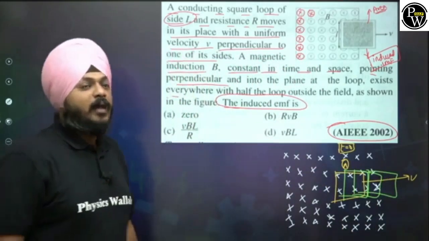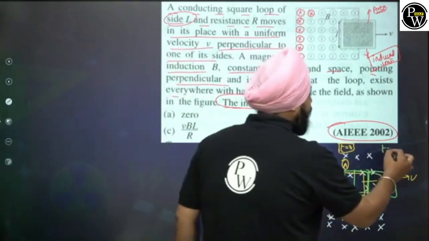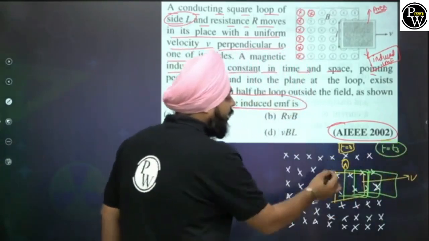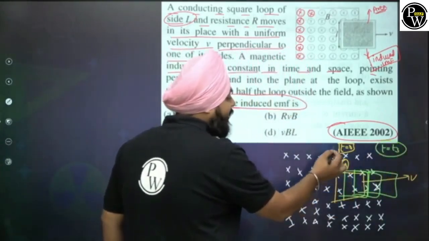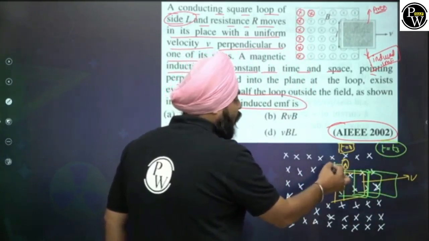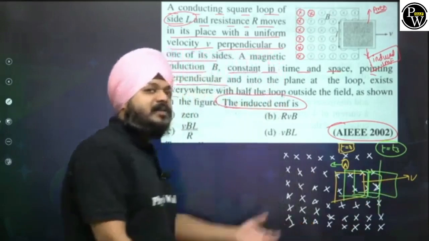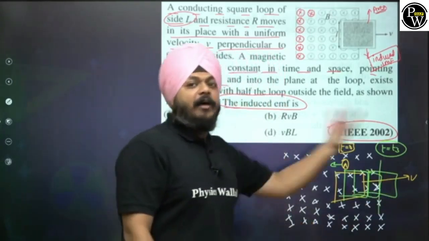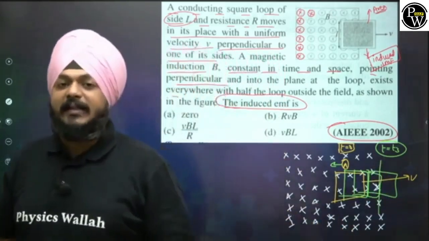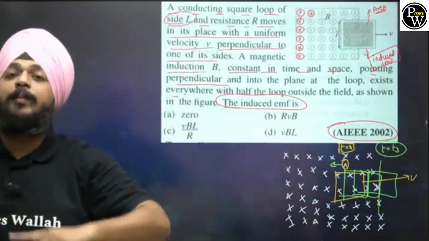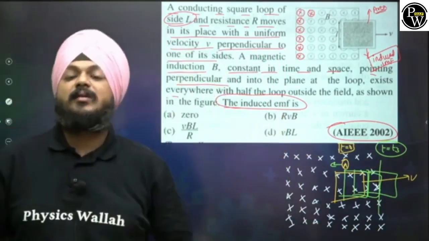Now, if I'm talking about the time t is equal to t3, here the area inside the magnetic field of the loop was A, but here half of the loop is inside the magnetic field and half of the loop is outside the magnetic field.